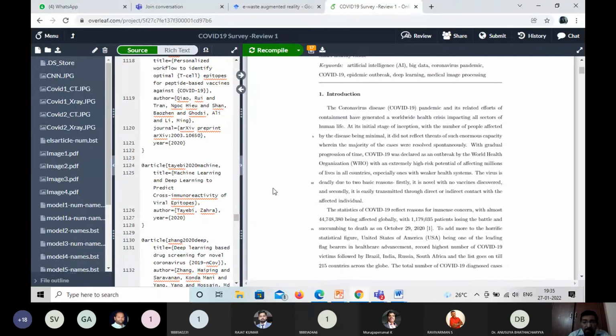Maybe you have some kind of columnar alignment, or even people who are writing your project document or your thesis can also follow this. Just try to download the LaTeX format.